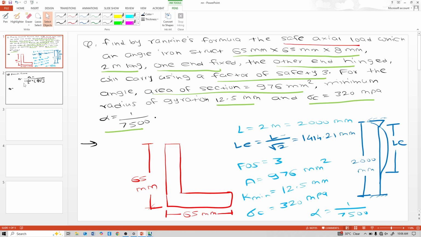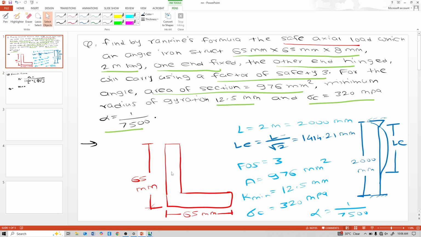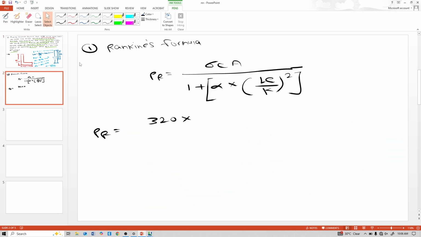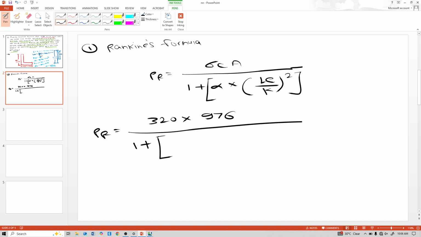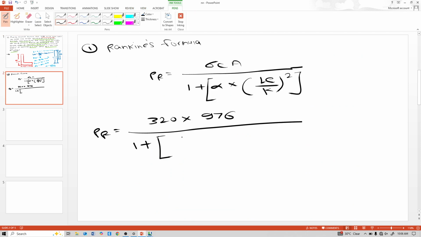So sigma c is 320 MPa. Area is 976 mm square. Alpha is 1 upon 7500. See here, observe this formula.